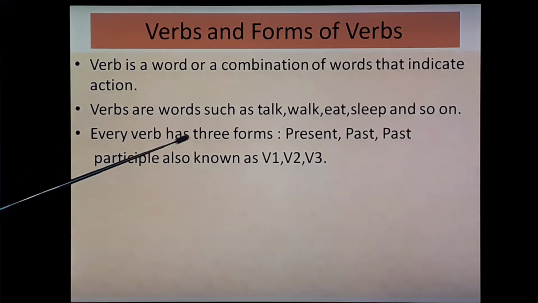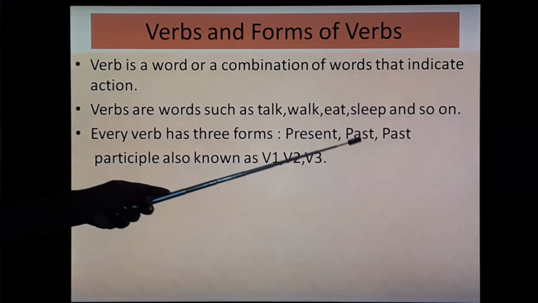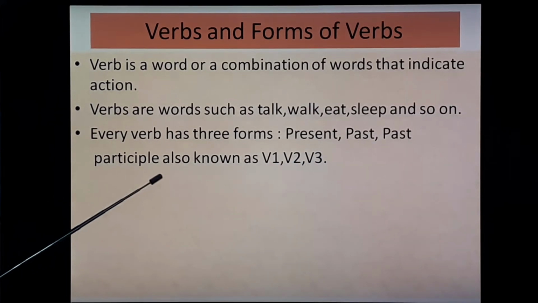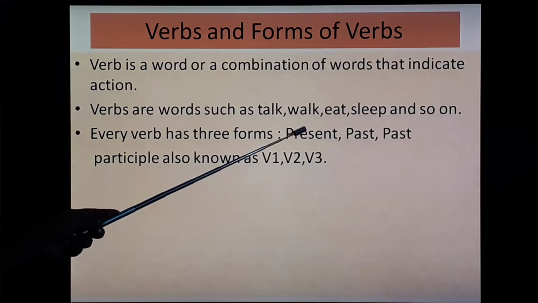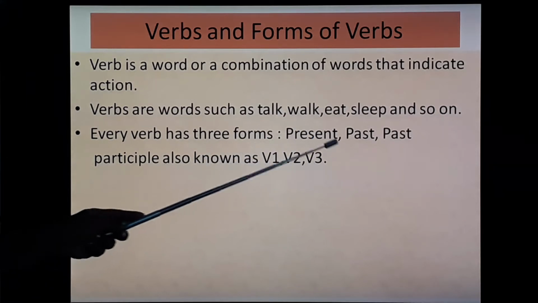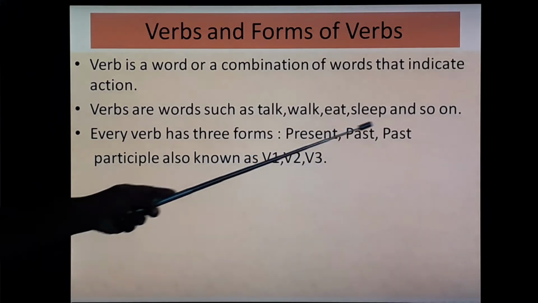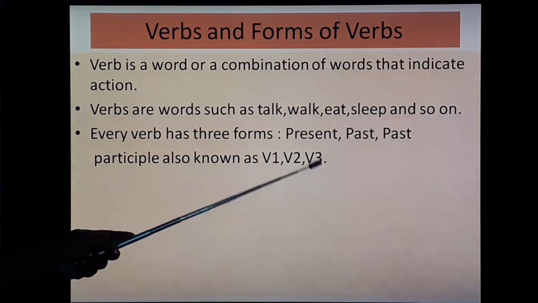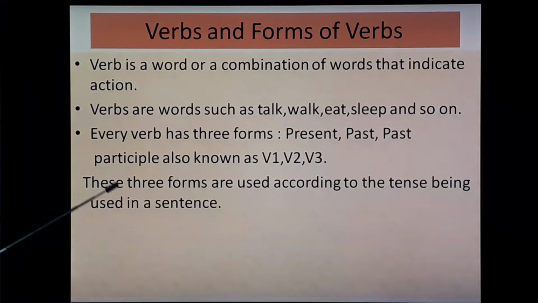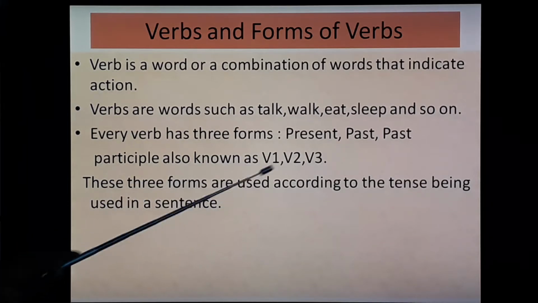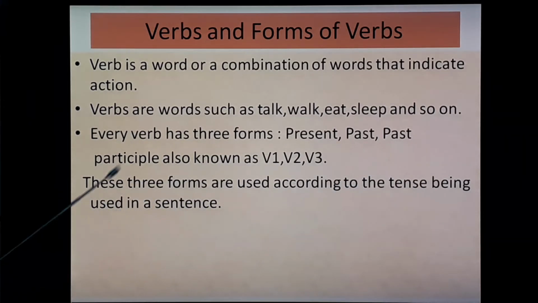Every verb has three forms: present, past, past participle, and they are known as V1, V2, V3. Present, that is V1 form, past, that is V2 form, and past participle, that is V3 form. These three forms are used according to the tense being used in a sentence.